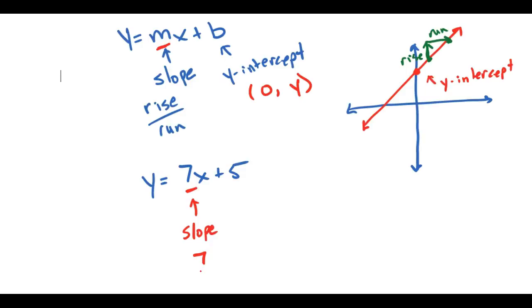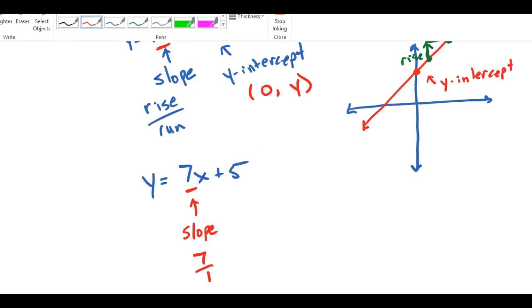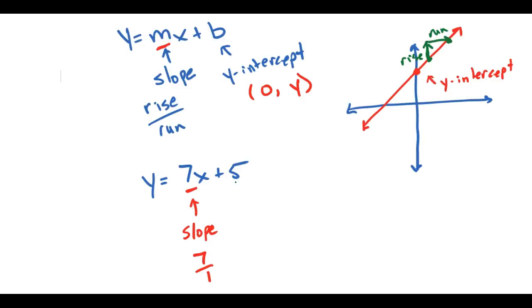If we wrote it as a fraction, we would say it's 7 over 1. This right here, the 5, corresponds to this b right here. So this is our y-intercept. So our y-intercept is the ordered pair 0, 5.